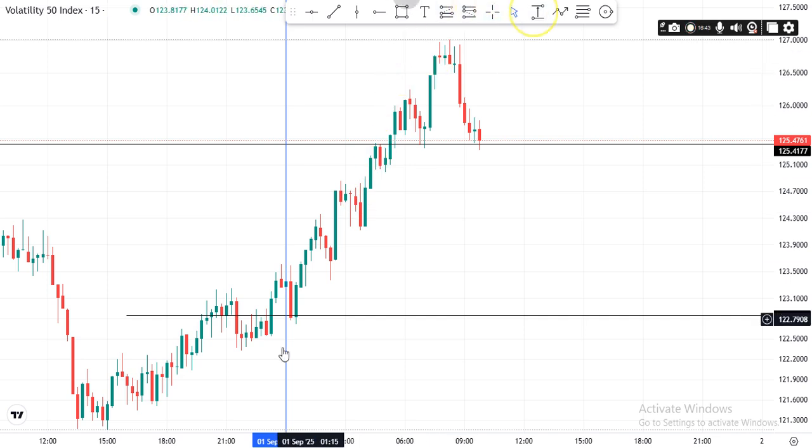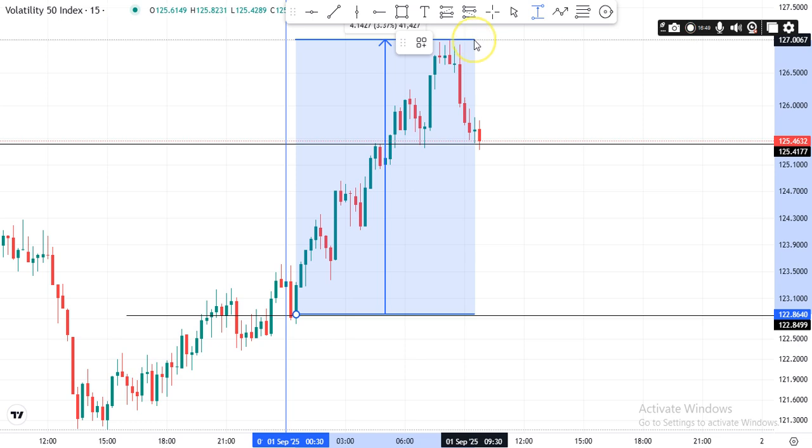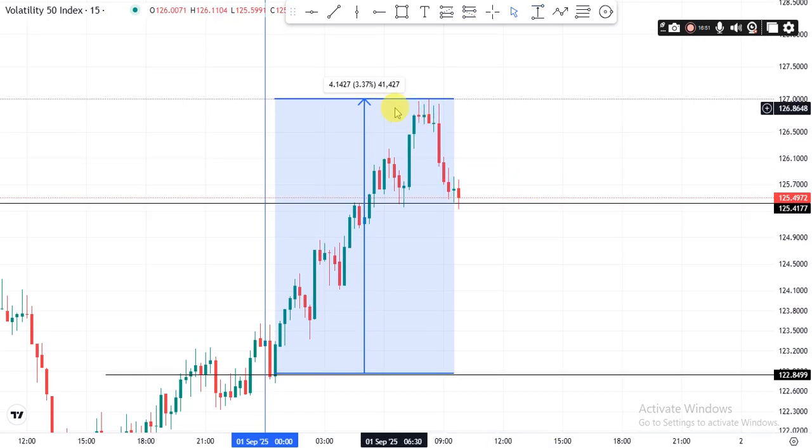From this zone, where your horizontal line is, to this place, you've got 414 pips. So if you risk $10, you would have made about $41 if you use one lot size.